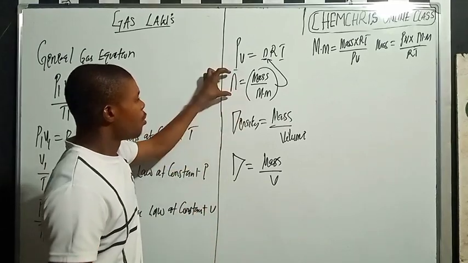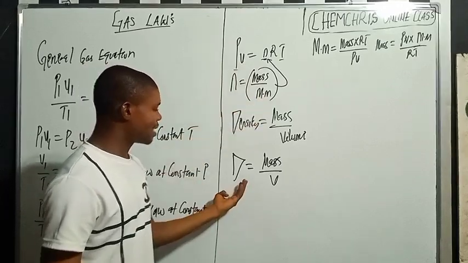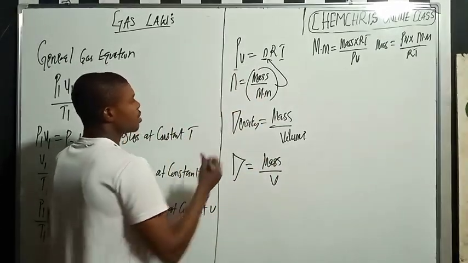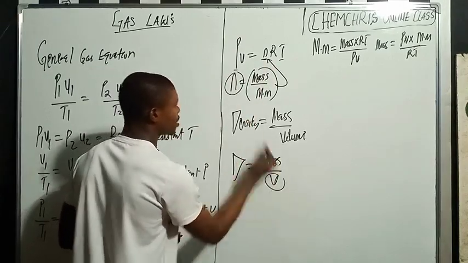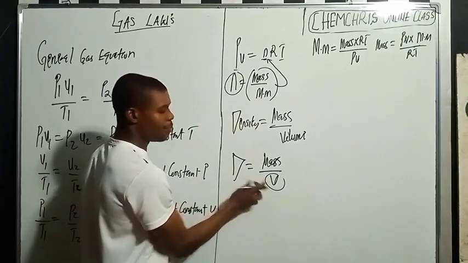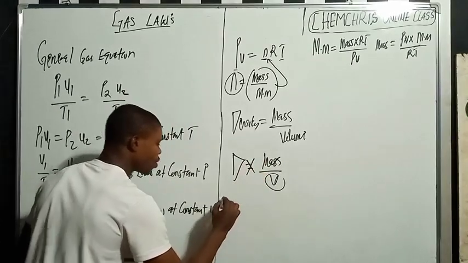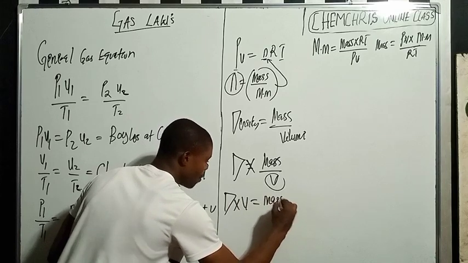Now remember, n equals mass over molar mass, and density equals mass over volume. So I will make V the subject of the formula. Please follow me closely here. When you cross multiply, it's going to be D times V equals mass.